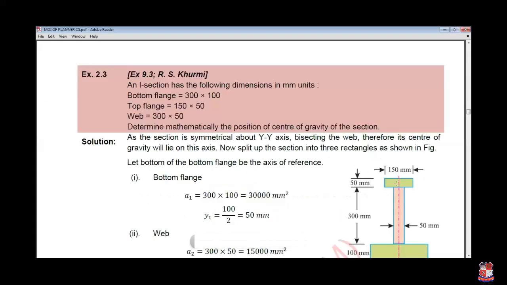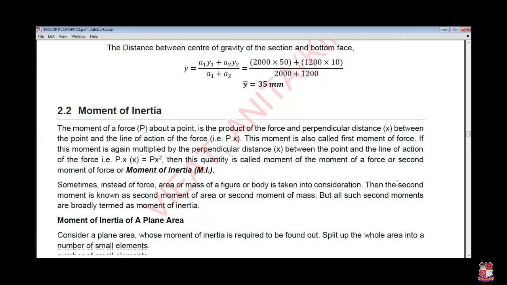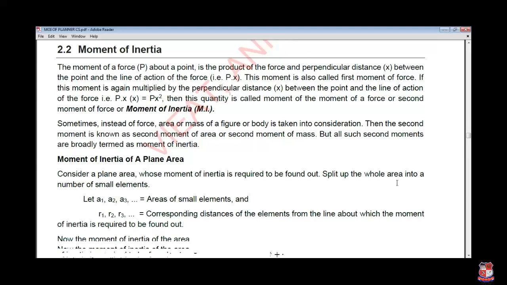Now what is moment of inertia? The moment of a force about a point is a product of a force and the perpendicular distance between the point and the line of action of the force, equal to P into x.